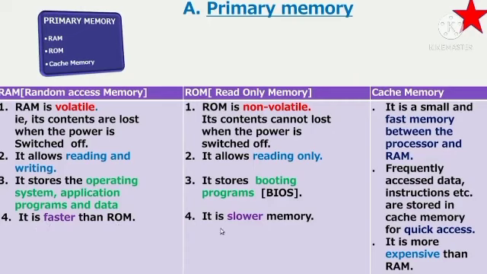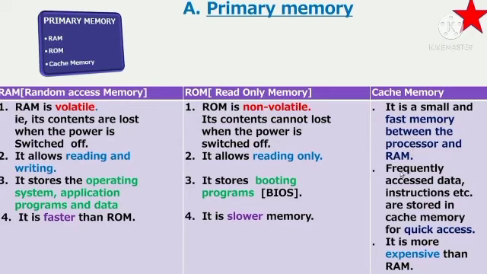Then cache memory. Cache memory is a small and fast memory that is normally placed between the processor and RAM. Frequently accessed data, instructions, etc. are stored inside the cache memory for quick access. It is more expensive than RAM.